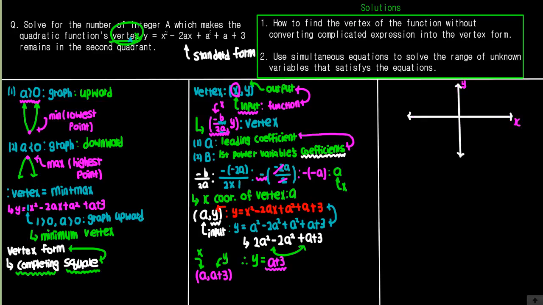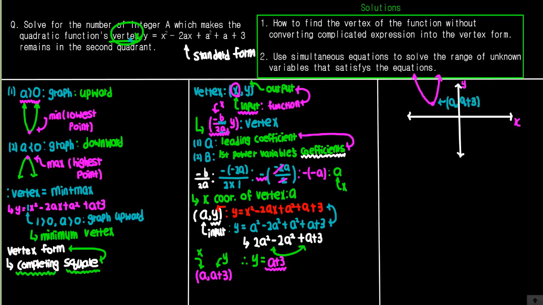So the vertex of the quadratic function stays in the second quadrant, which will be somewhere, I'll just approximate. And our quadratic function opens upward, like something like this, that keeps going upward. And our vertex right over here will be a comma a plus 3.